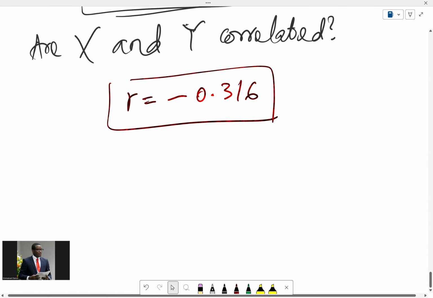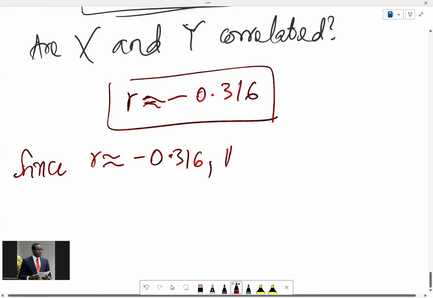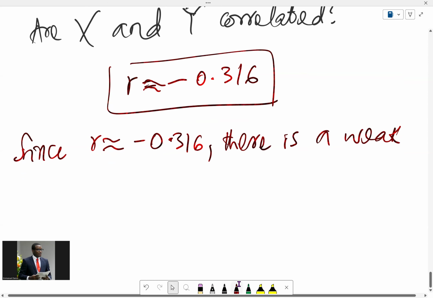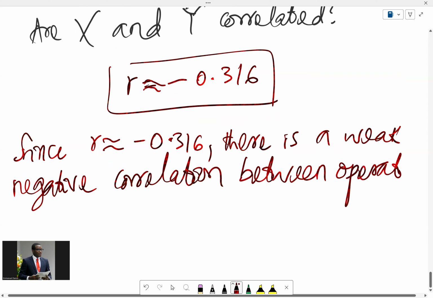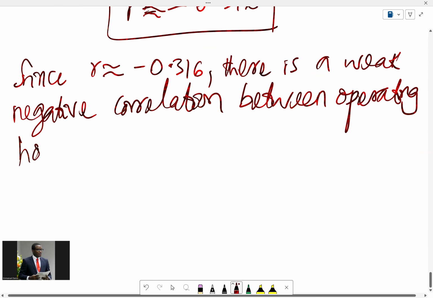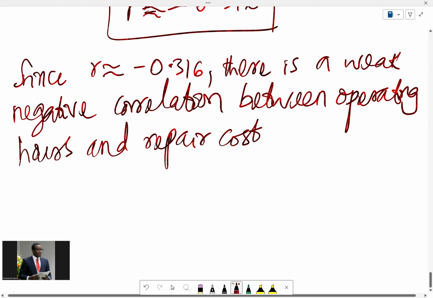So in this case, since r is approximately minus 0.316, you can say there is a weak negative correlation between operating hours and repair costs.